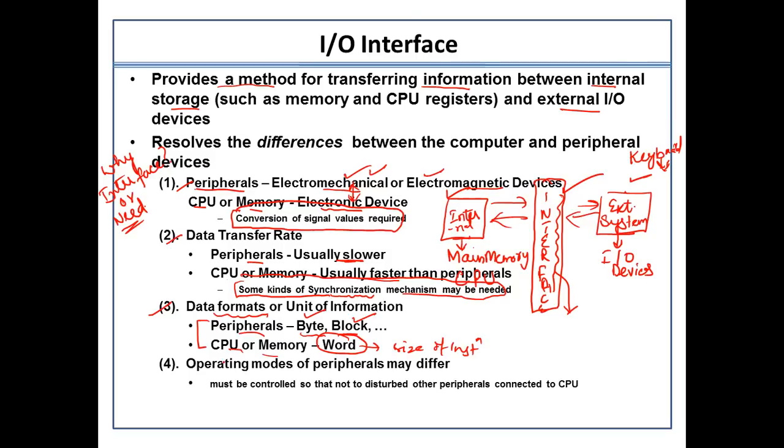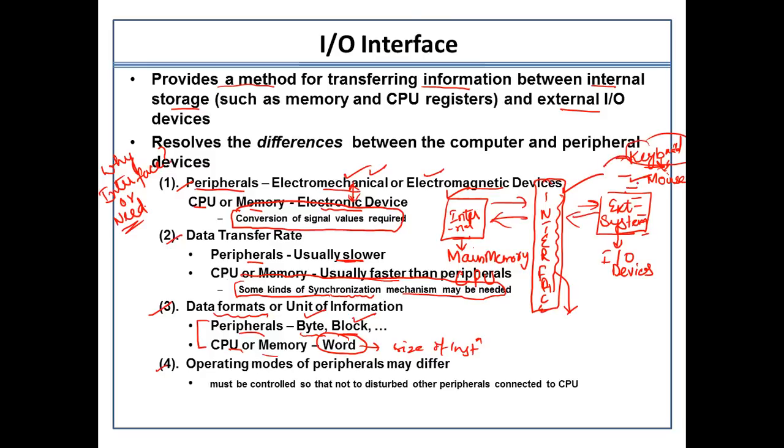Okay. So similarly, the last step is that the operating mode of peripherals may differ. Definitely, we know that there are various different kinds of peripherals available, and each peripheral operates on its own mechanism. Like the keyboard has its own mechanism of operation, and pointing devices like the mouse have their own operating mechanism.